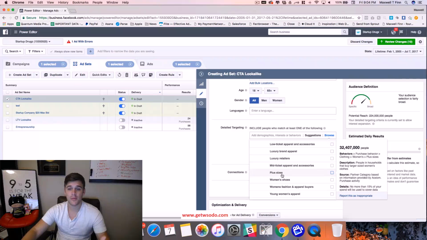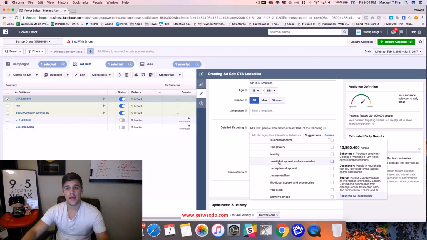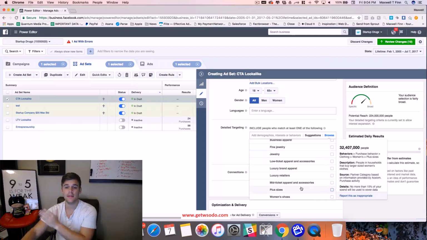And you can also think about this in terms of, hey, I might have a product where the targeting option for my core demo isn't there, but I can circumvent that by finding a category my demo would also be in, if that makes sense.